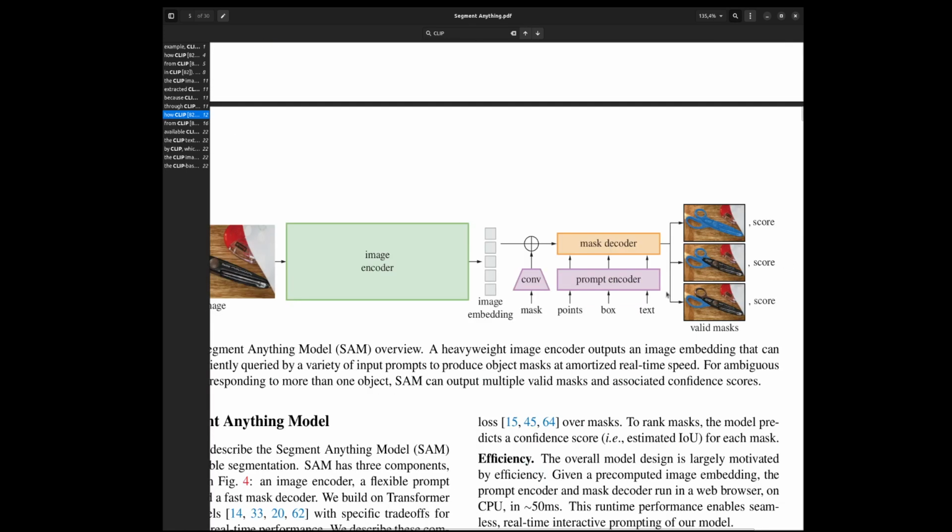The catch is that it has to be promptable. So you can generate points and boxes and masks from your ground truth, but then what's gonna be the goal there? I mean, you can do that.